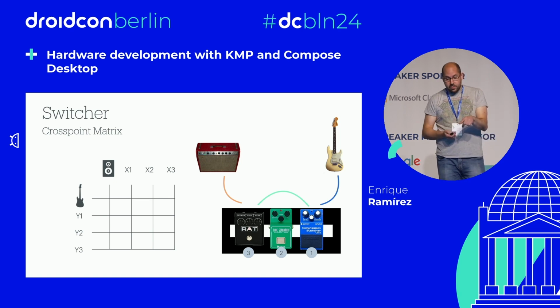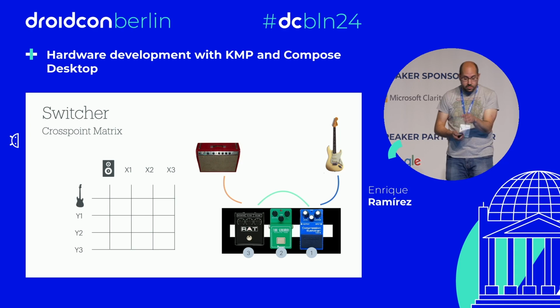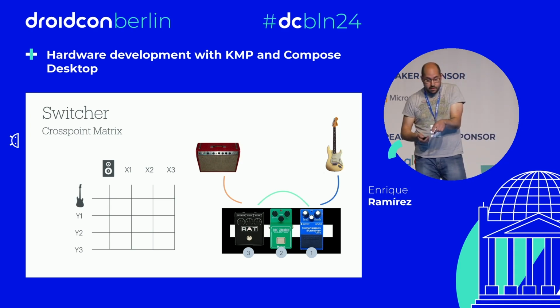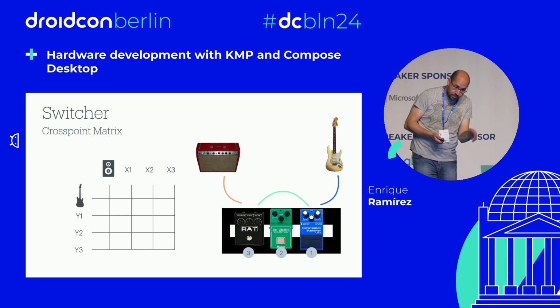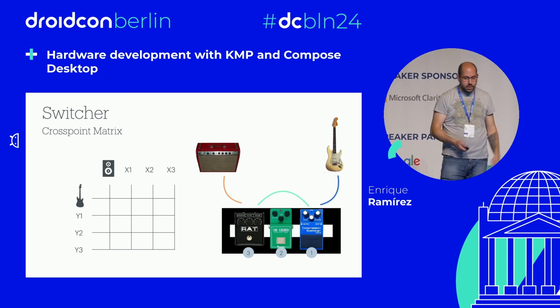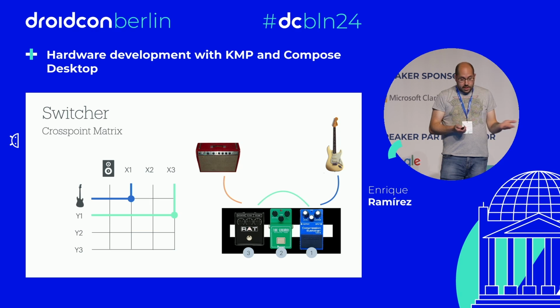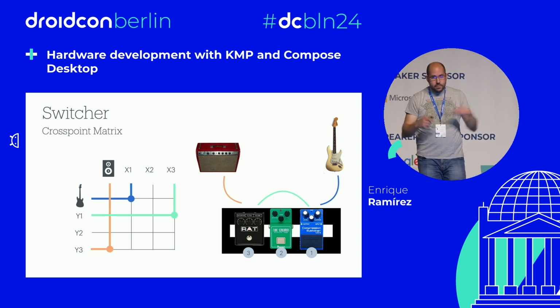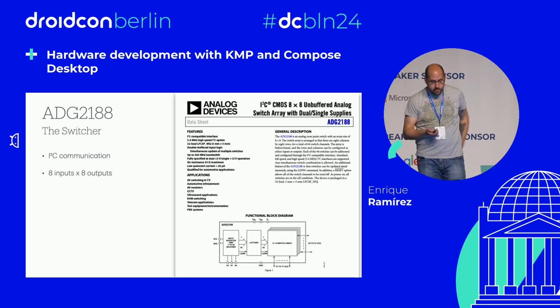So we want to connect, in this case, the guitar to the pedal 1 input, then from pedal 1 output to the pedal 3 input, and then to the amplifier, so we can hear the sound. And the switcher will create the path for that. That's basically what the switcher does.